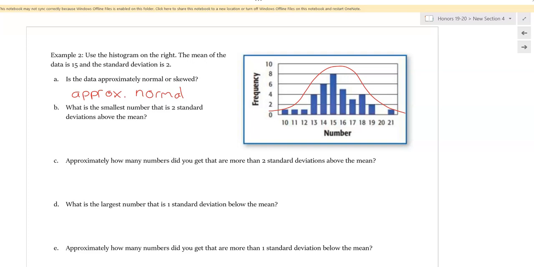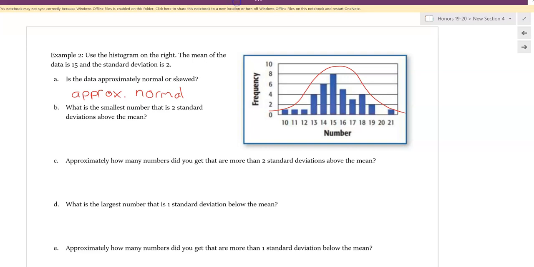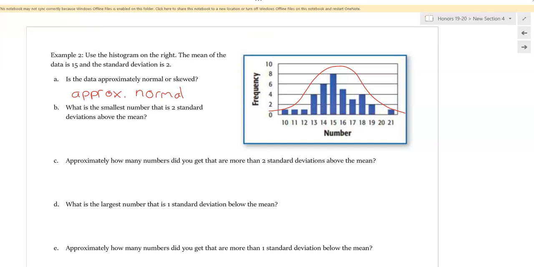B, what is the smallest number that is 2 standard deviations above the mean? Well, our mean is 15. Since it's above, we're going to take our mean and add 2 times the standard deviation. So in this case, our mean is 15 plus 2 times, and our standard deviation happens to be 2.